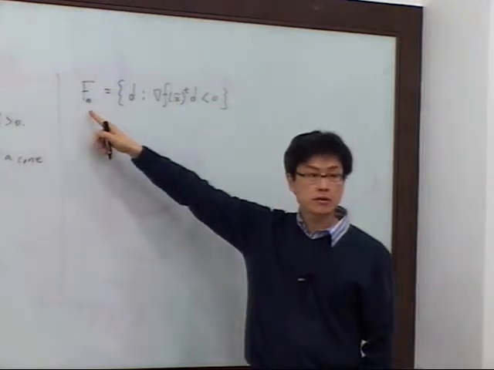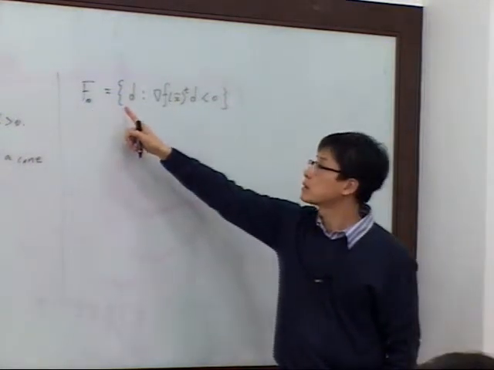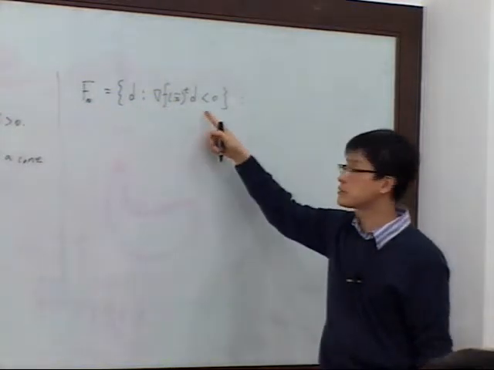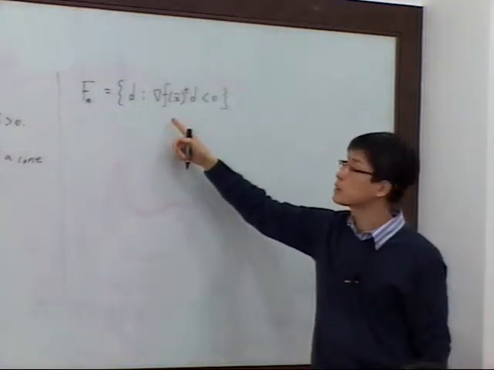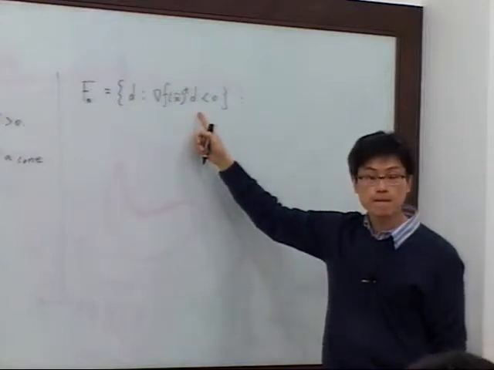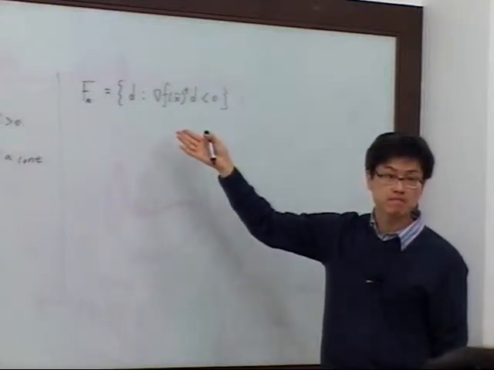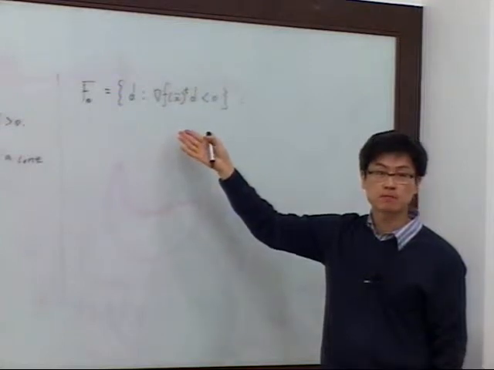F sub 0 is a set of direction vectors which satisfy this form. And this form is the descent direction, right?